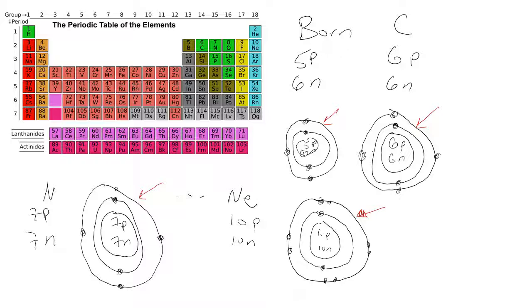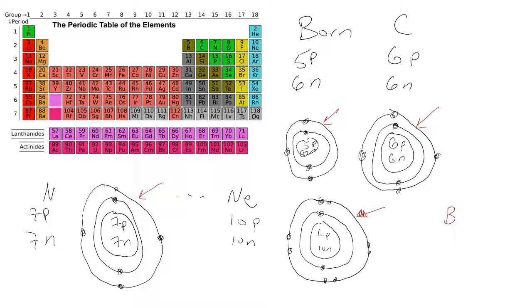Okay, so let's do one for boron and for neon, and you should be able to understand and apply it to the rest. How we do it for boron is we just write the symbol in the middle like this, and we count the number of valence electrons: 1, 2, 3, and we draw them out.